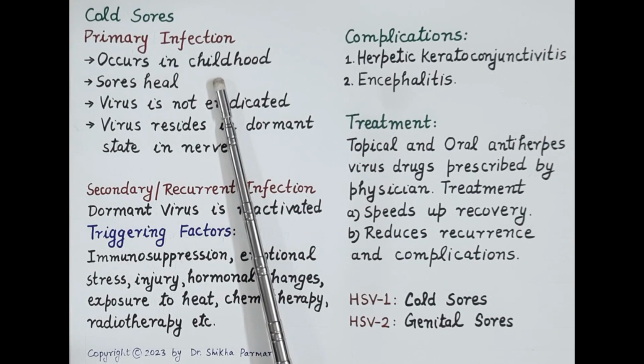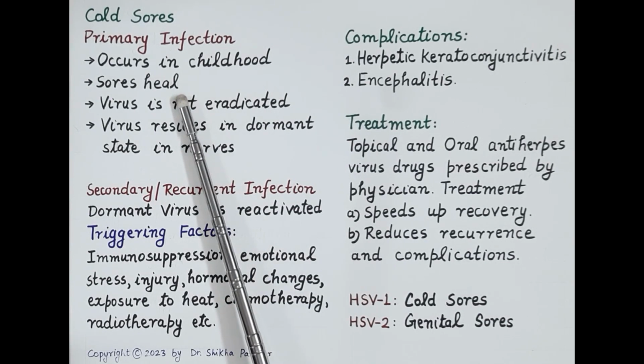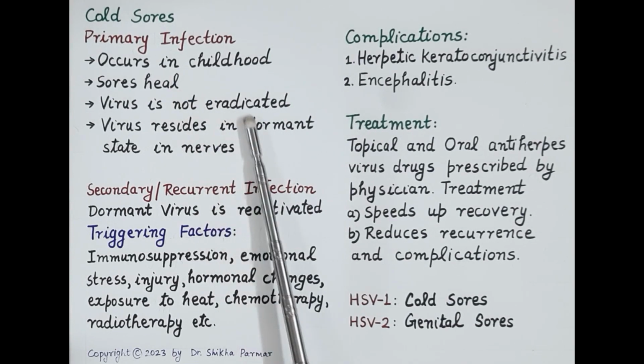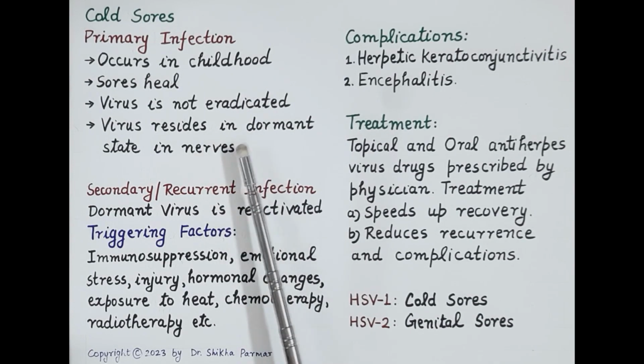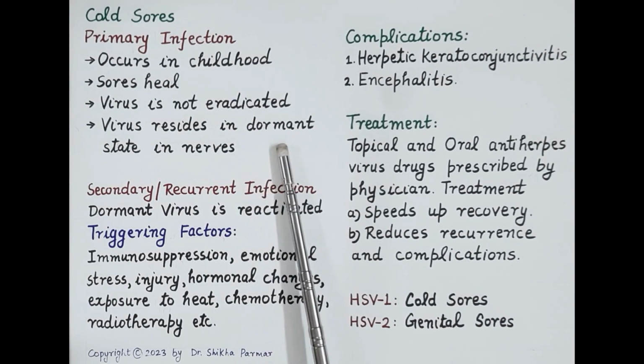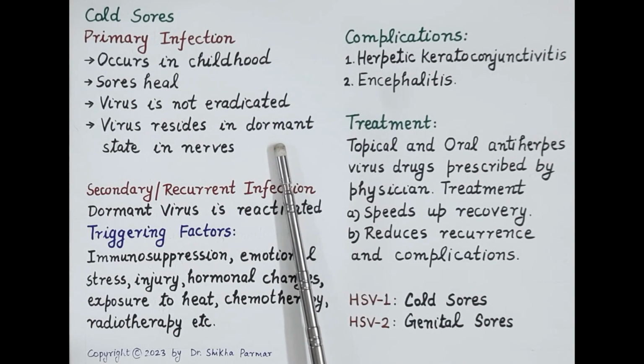Now very important, healing of the sores does not mean that the virus is eradicated from the body. The virus becomes dormant and resides in the dormant state in the nerves. This dormant virus does not produce cold sores unless it is reactivated. This virus can remain dormant throughout the life of an individual.